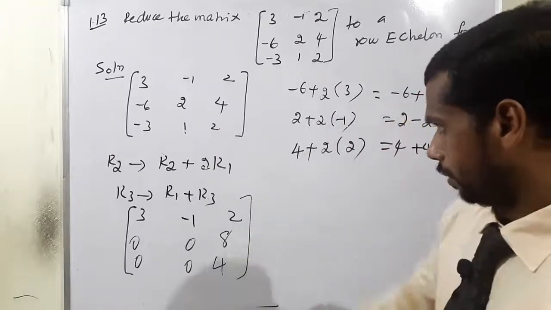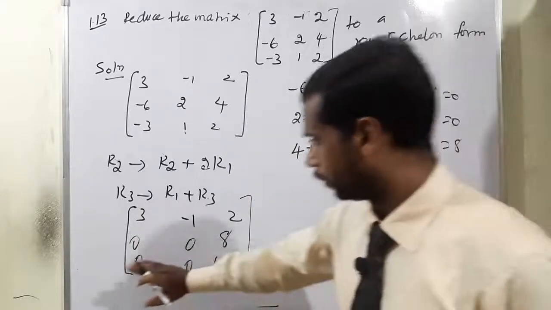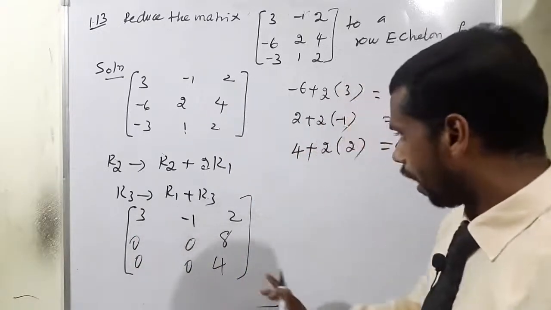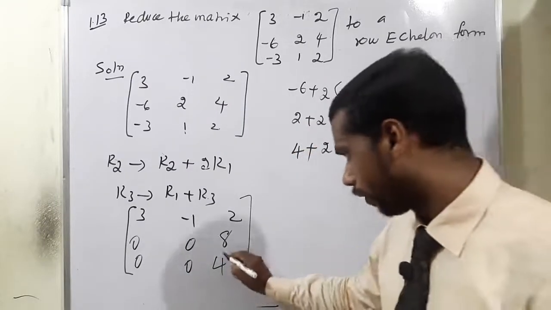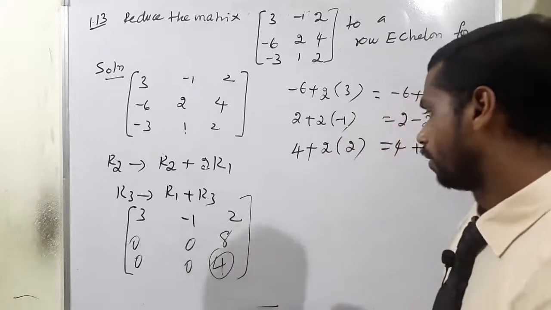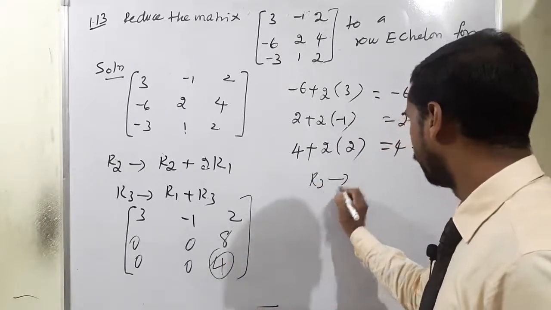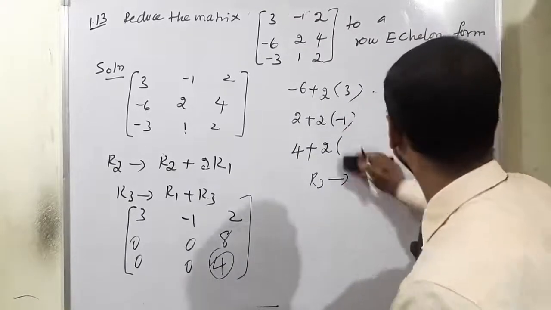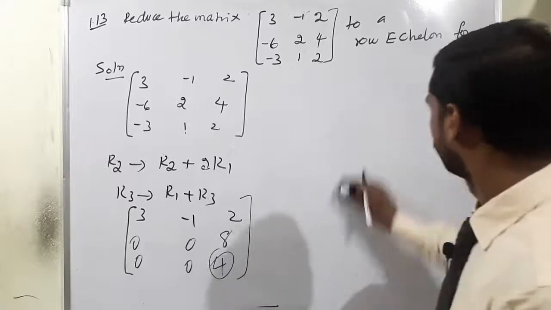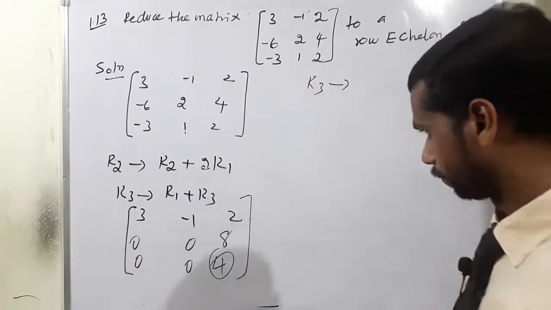Now see, where the non-zero digit starts, under it we have to show 0. Now next one, where does the non-zero digit start? In the second row, 8 is there. Here we have to show the value 0. So what we have to do with R3?